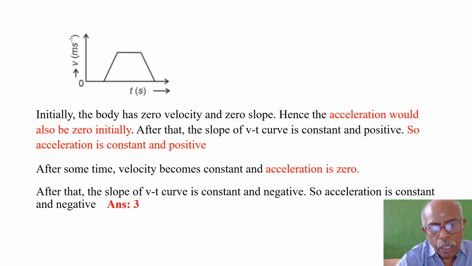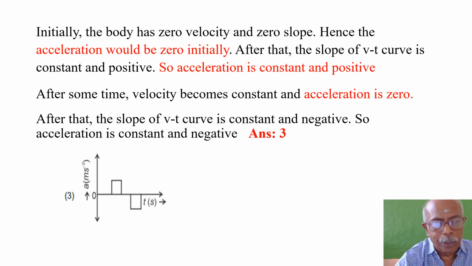Okay? So, let us find the graph that best suits this motion. You look at this figure. Initially, velocity zero slope. The acceleration would be zero initially. So zero acceleration is taken on the y-axis.